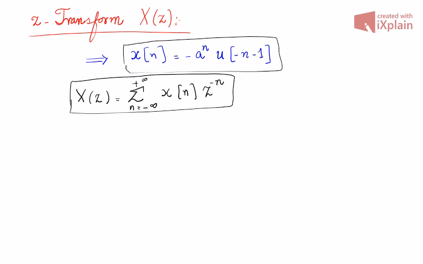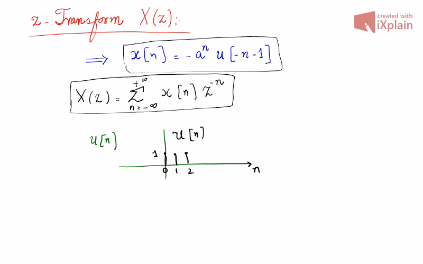So let's see what u of n is first. As you are familiar, u of n is actually a discrete time signal, which exists from 0, 1, 2 and onward. So this is unity here. By definition, the unit step sequence is given in this form.